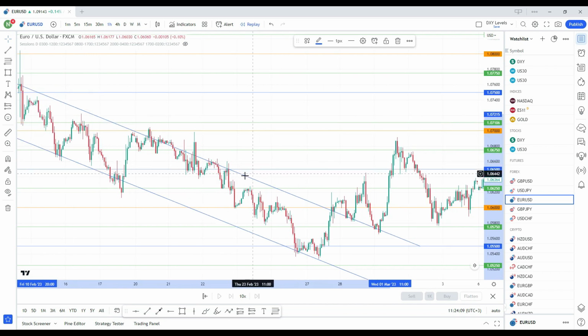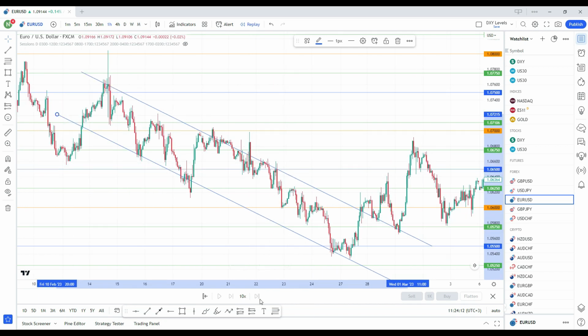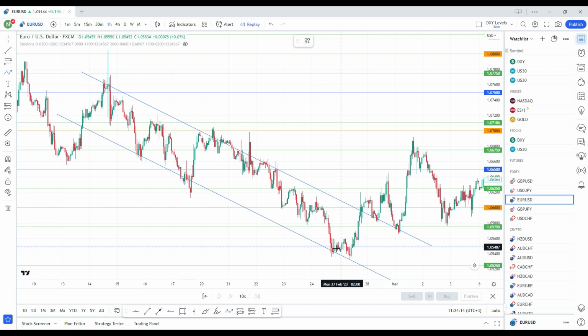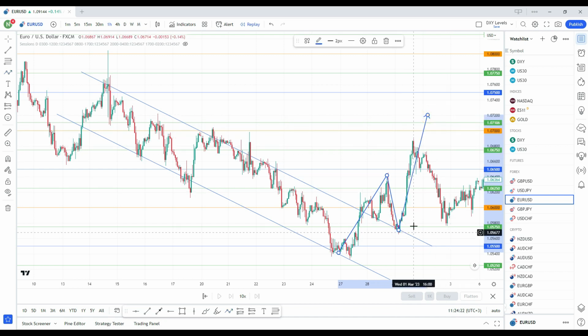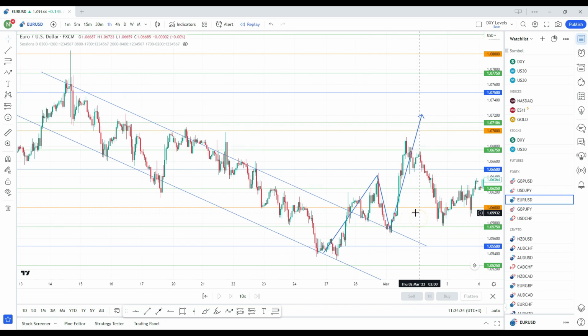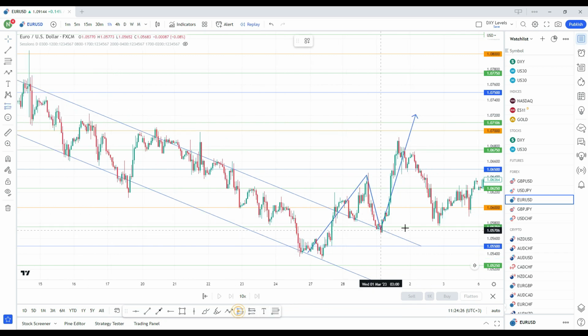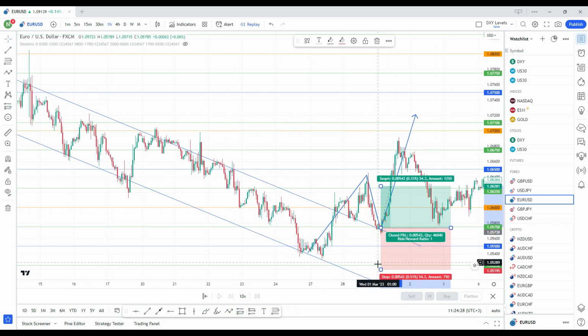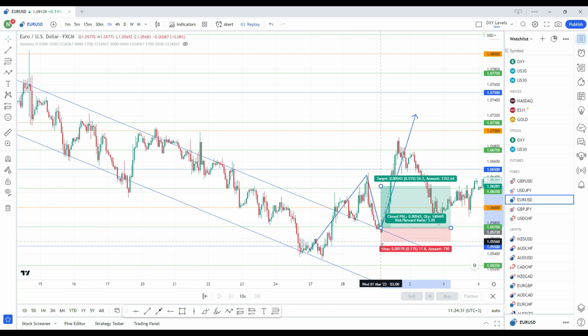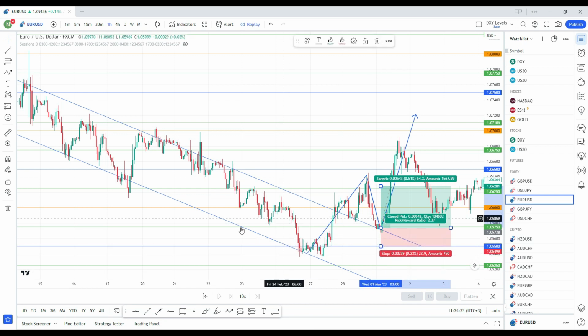So you can see there was a break of this trend line. This is called a break and retest. You wait for the retest and then you take your trade. So this could have been a good buy. In this case you are looking at it from the zone.